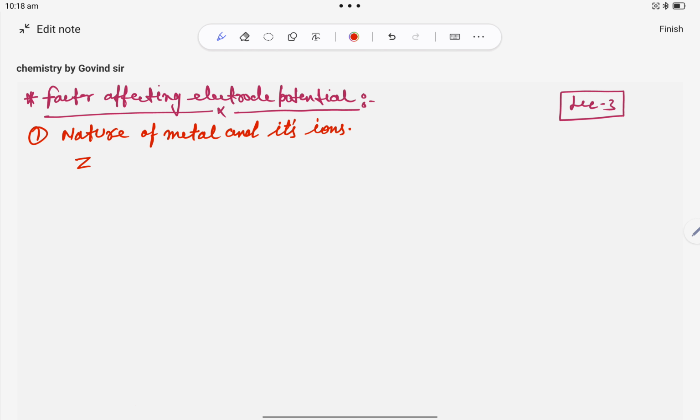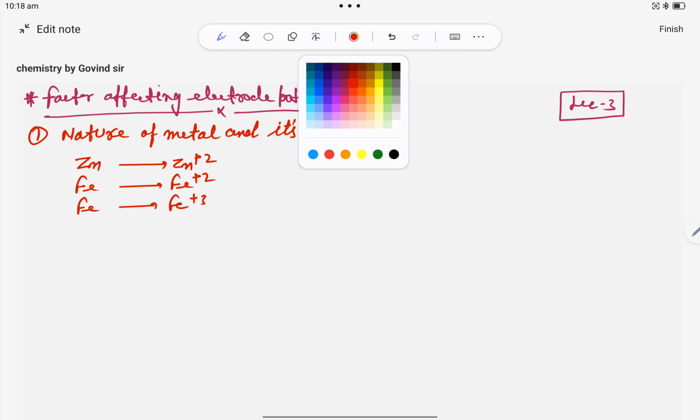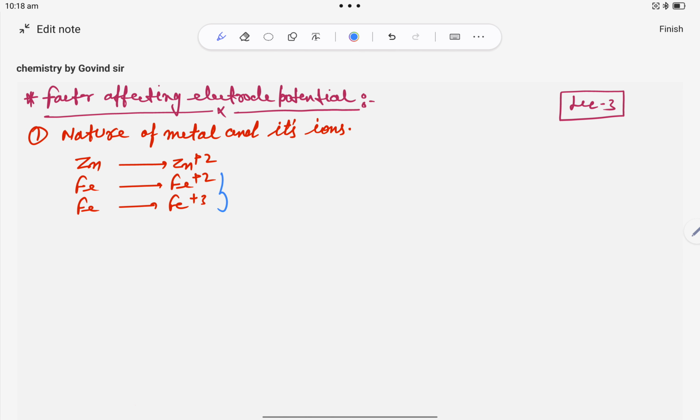Like what? Zn plus 2, Fe plus 2, Fe plus 3. So that is the point. That means same metal but different ion. So it depends upon the metal and ions.